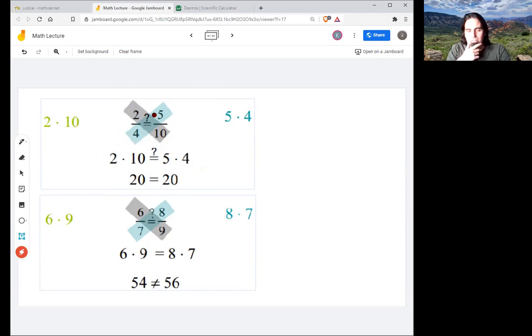Why can I just multiply in an X shape? I only once have ever had someone answer this. So if you don't know it, that's fine. That's more a comment about your old math teachers than about you.